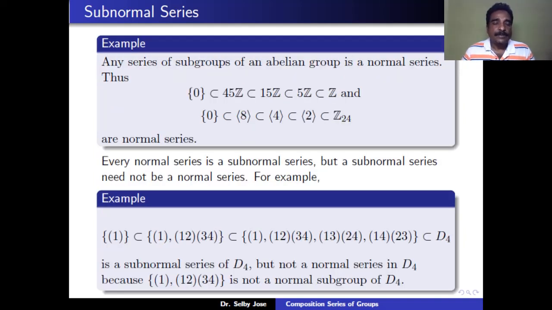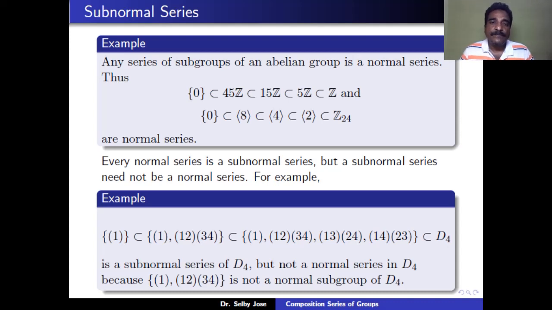We'll see some examples. You know that every subgroup of an abelian group is a normal subgroup. Therefore, any series of subgroups of an abelian group is a normal series. For example, consider the integers, which is an abelian group; in fact it is an infinite cyclic group, and so it has infinitely many subgroups which are also cyclic.